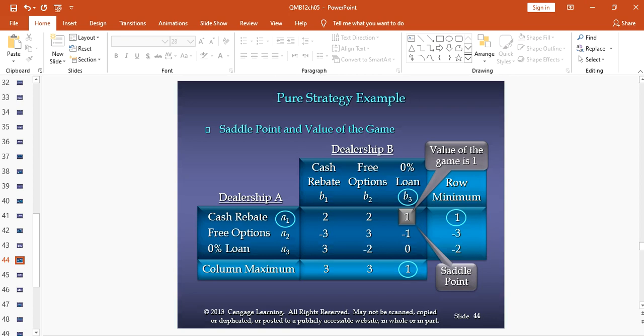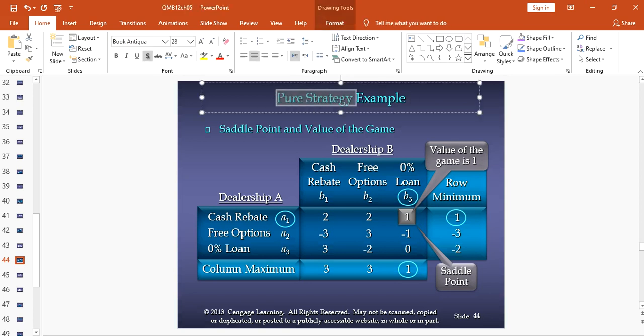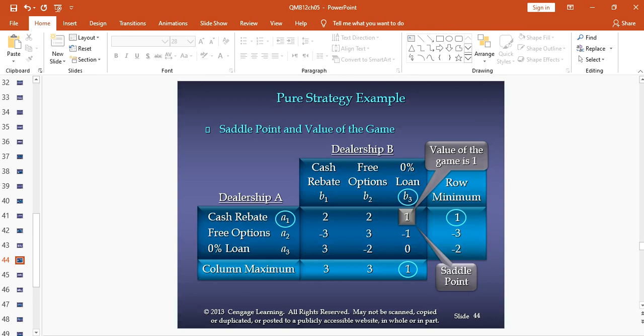But if we don't have this saddle point between them, we cannot apply pure strategy. We have to go to another strategy, which is so-called mixed strategy and dominance strategy, in order to select the best strategy for each player in the game.